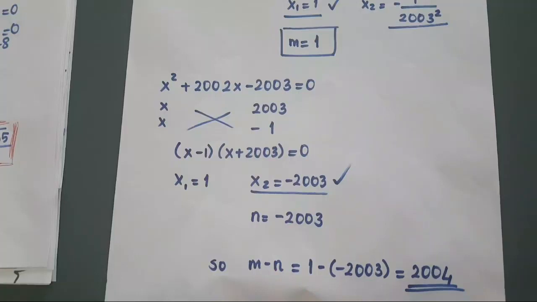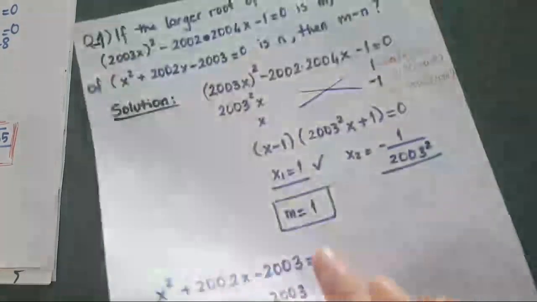And at the end, I found the difference of m and n. Most of you wrote done, so can we solve the next problem? Okay, let's see the next problem.